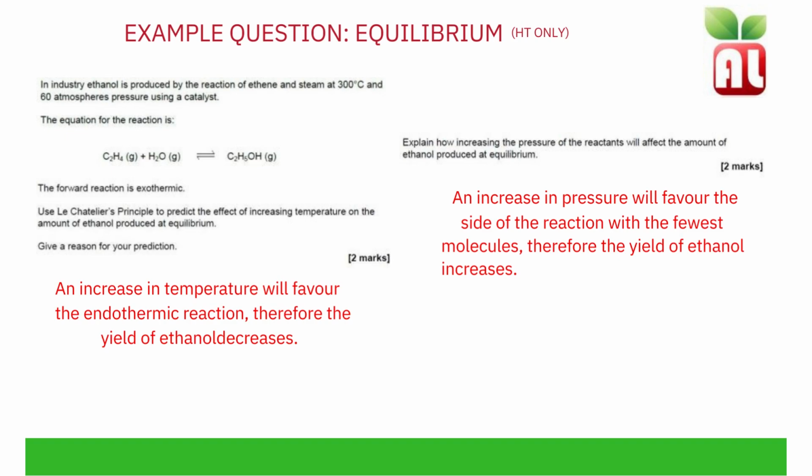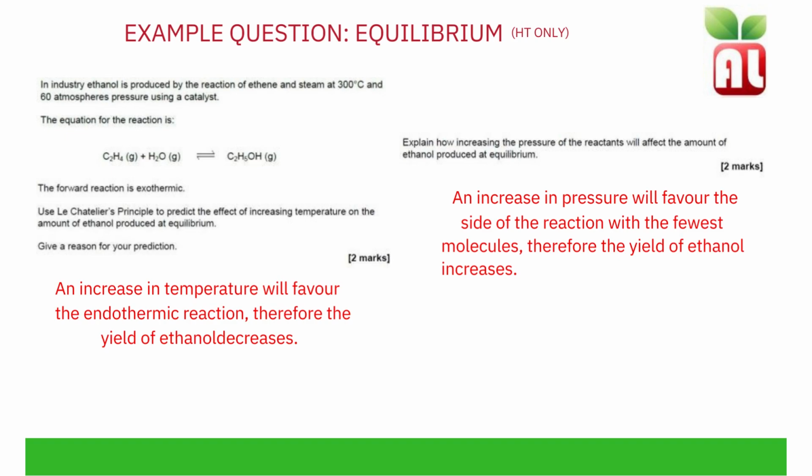Explain how increasing the pressure of the reactants will affect the amount of ethanol produced at equilibrium. Looking at the balanced equation, we see there are 2 moles of gases on the reactant side and 1 mole of gas produced on the product side. Increasing the pressure will favour the side of the reaction with the fewest number of molecules.